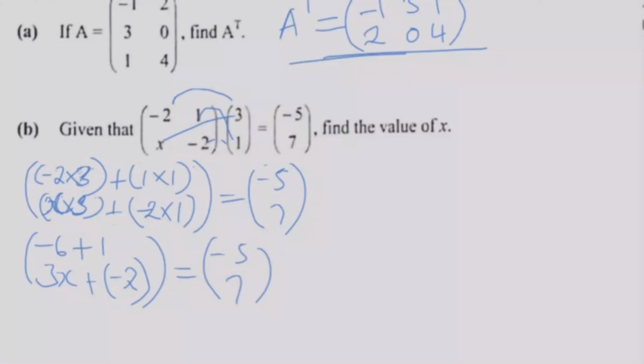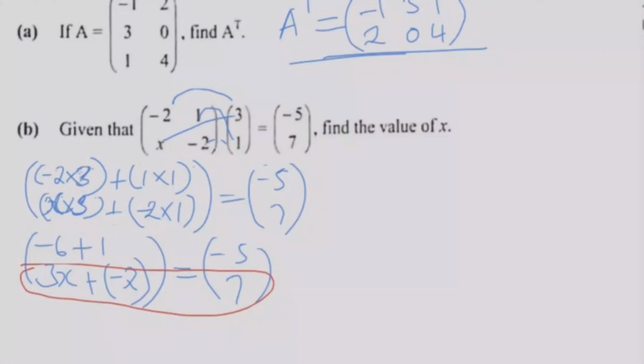Now that I've come up with this expression, we can ignore the other details and concentrate on the bottom line, because we know when we add these two terms it will give us 7.